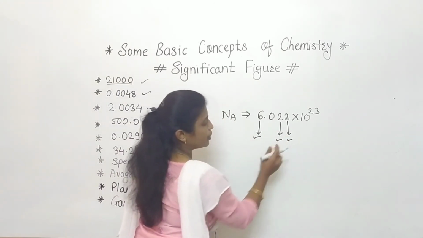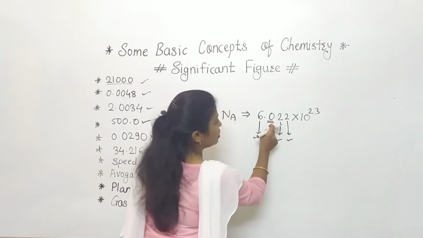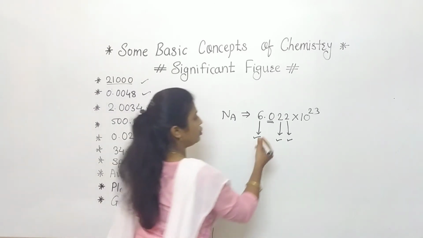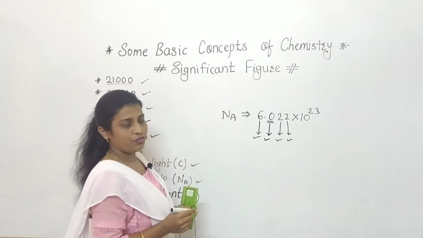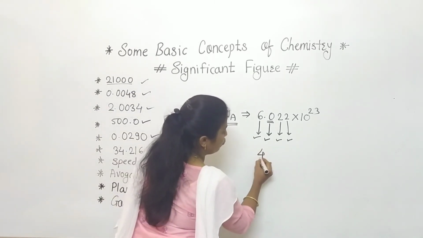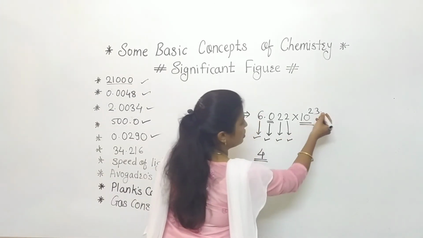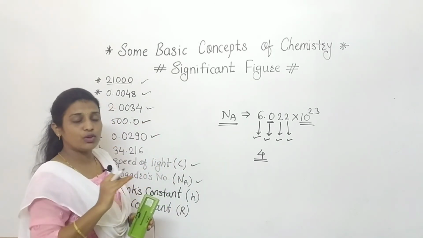So here 3 significant figures are complete. But this zero is coming in between 2 non-zero digits, so we have to consider this 0 as a significant figure. So the significant figure of Avogadro's number is 4. Clear to everyone? As I told you, whatever 10 raised to power is given, don't consider it.